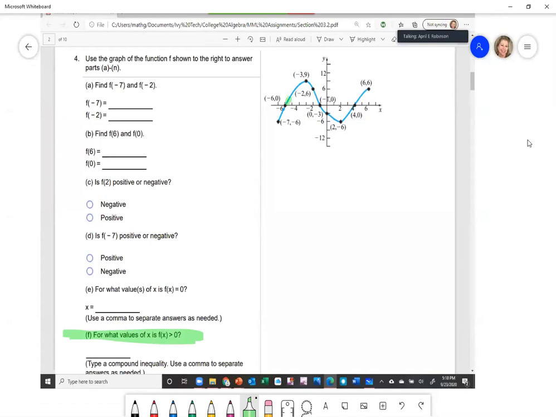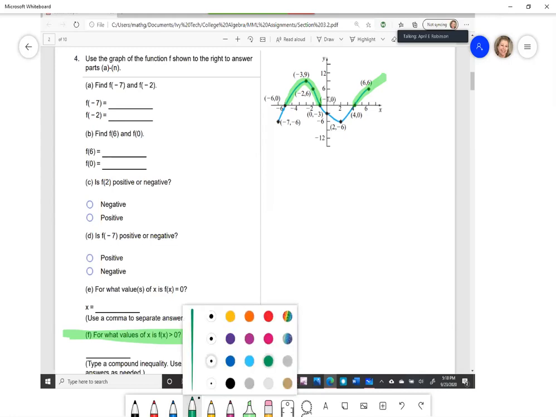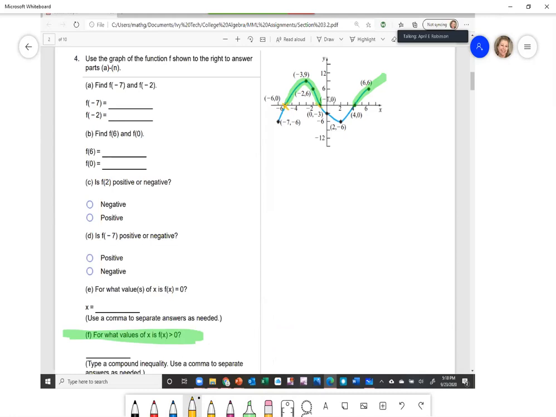That would be any point above the X-axis, which I've highlighted. But it doesn't say equal to, so you cannot use that point with a bracket. You have to have a parenthesis on it.